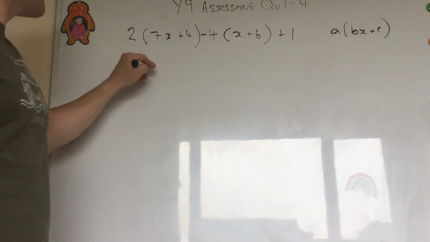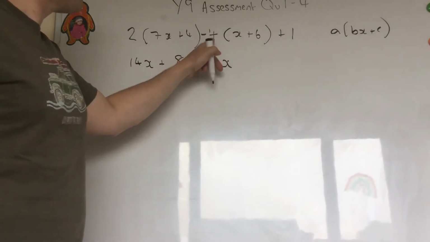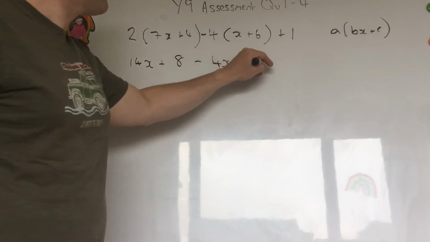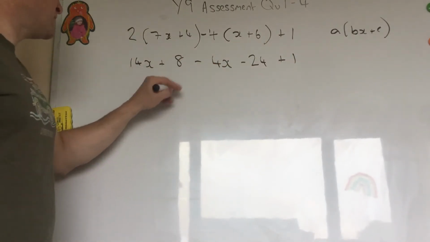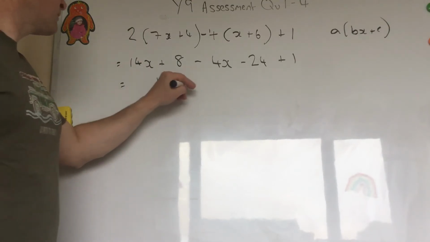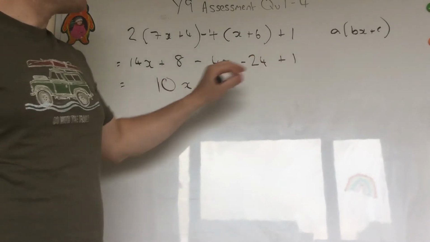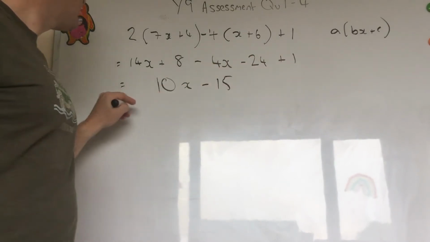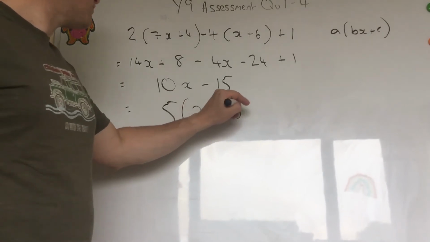We get 14x plus 8 minus 4x, then minus 4 times 6 is minus 24, plus 1. 14x minus 4x is 10x, plus 8 minus 24 is minus 16, plus 1 is minus 15. That factorises to 5(2x minus 3).